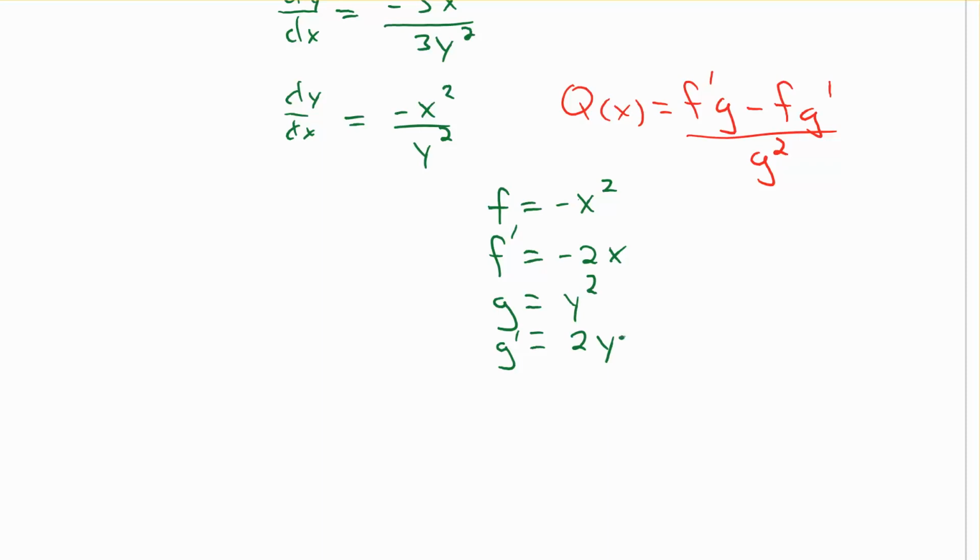It's going to be 2y times dy dx. That's important. We need that part because later on, when we put this in, I know what dy dx is equal to. Remember, it's equal to this, so when we put this back in, it's going to go in with it.